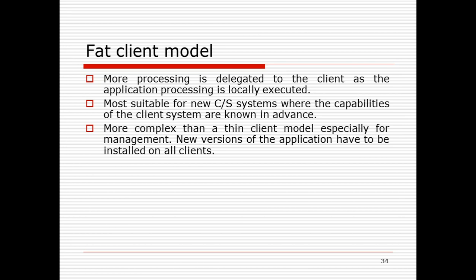That is why in most new client server systems the fat client models are used, and this fat client model is basically more complex than the thin client model.